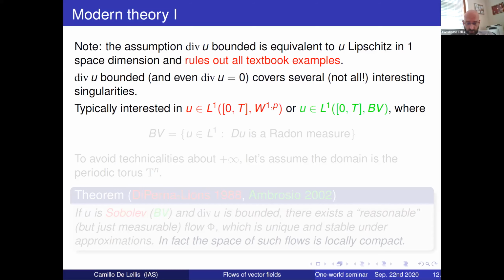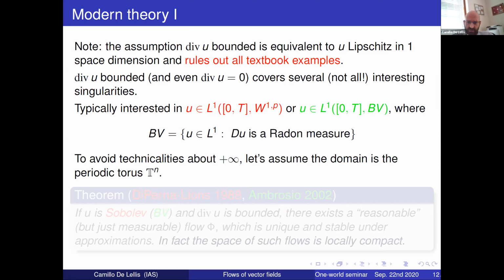Now, one typical situation in which you might be interested is the situation in which your vector field is just Sobolev. So this means that typically the derivative will be in L^p, or it will be a Radon measure. Technically, in most situations, you really don't require the time derivative of your time-dependent vector field to be regular. You more require just a space derivative to have some integrability.